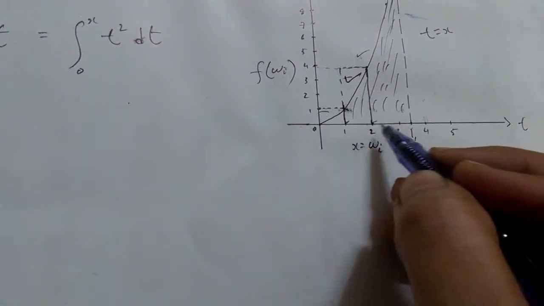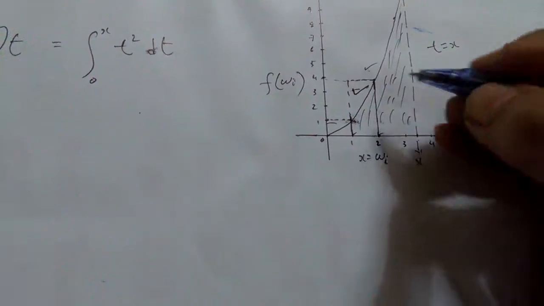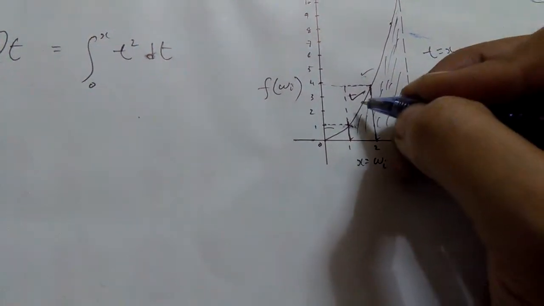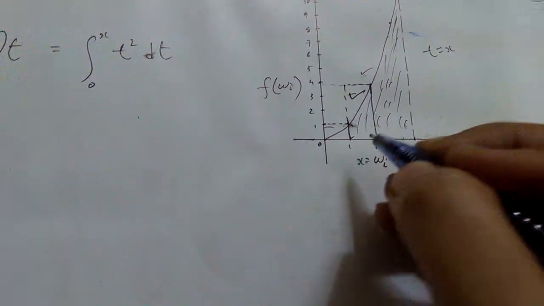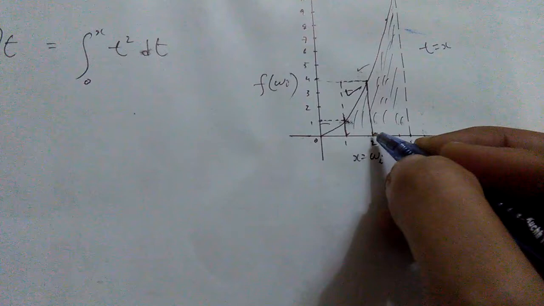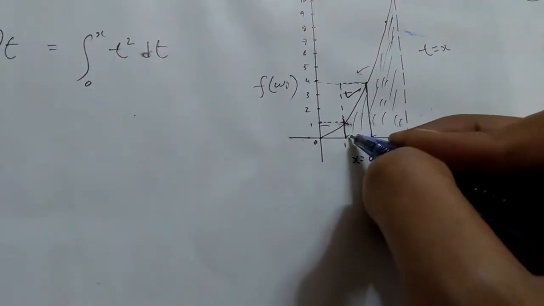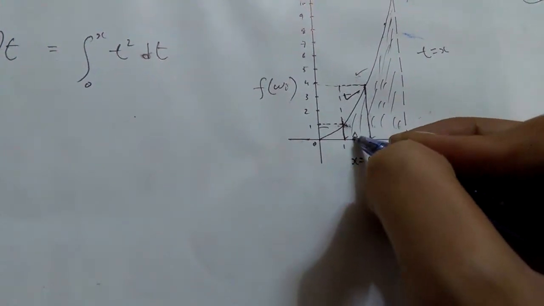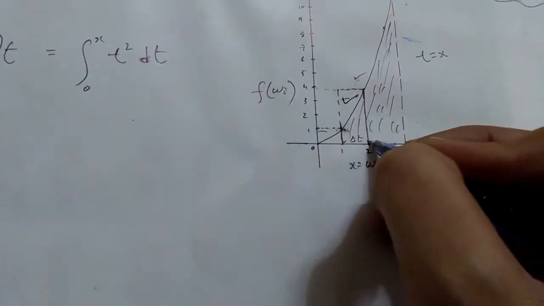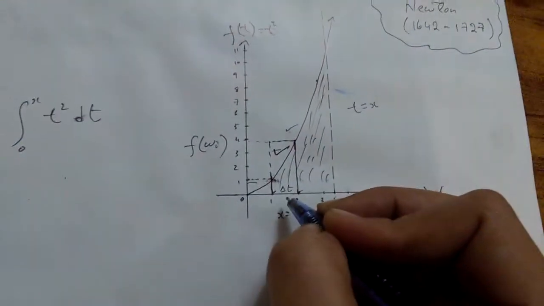So how are you going to interpret this wi? You see that this is actually your second rectangle, and it has a width of 1 unit. I am going to call this width, from here to here, my del t.